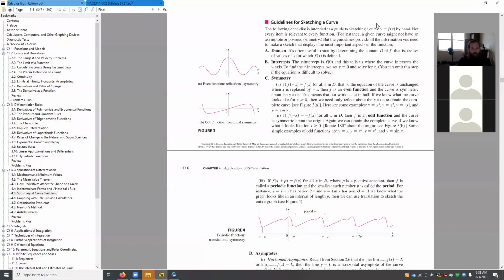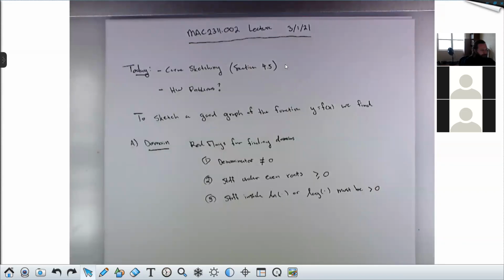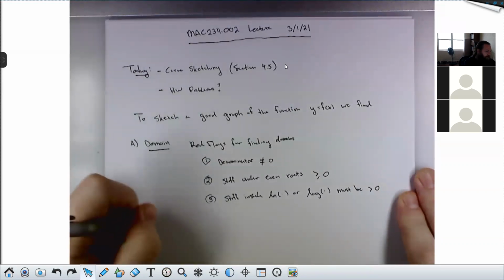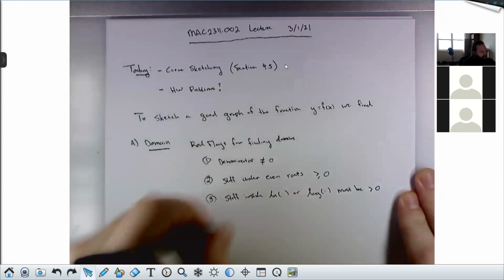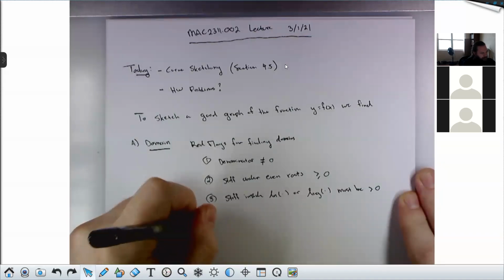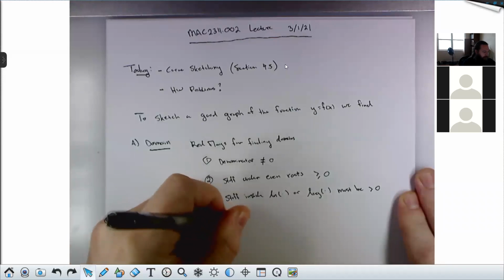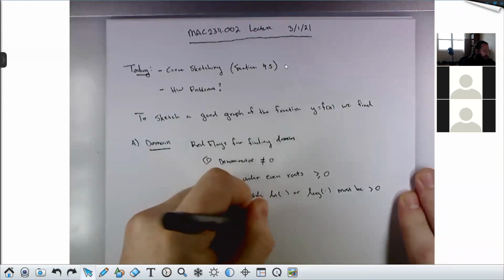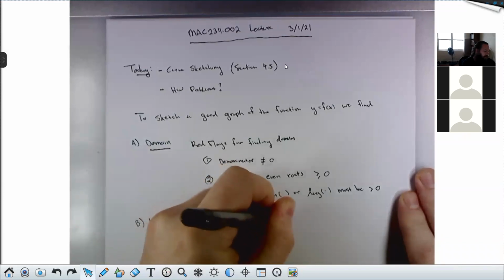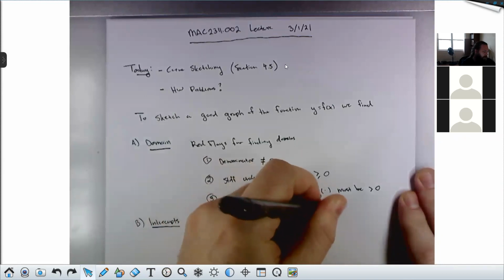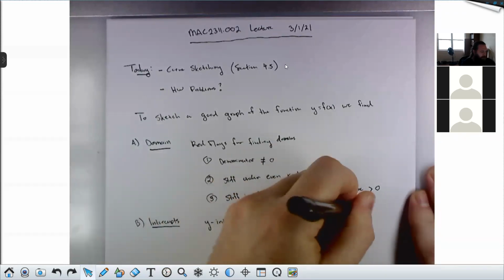The second thing we want to look for is intercepts, x-intercepts, y-intercepts. To find x-intercepts, let's do y-intercepts first, they're easier. You just plug in x equals 0.